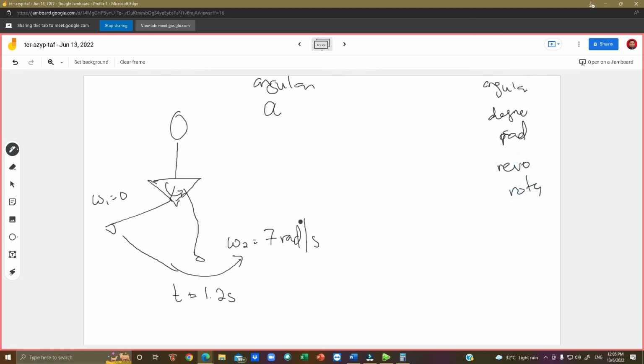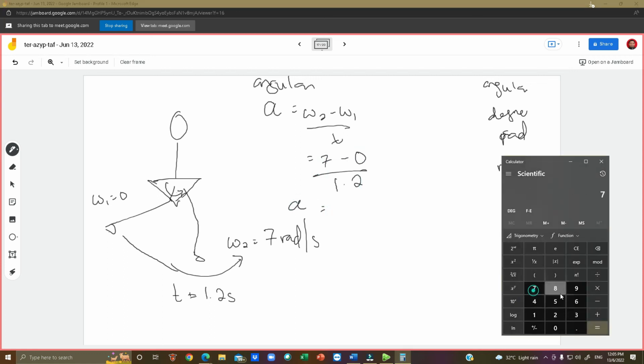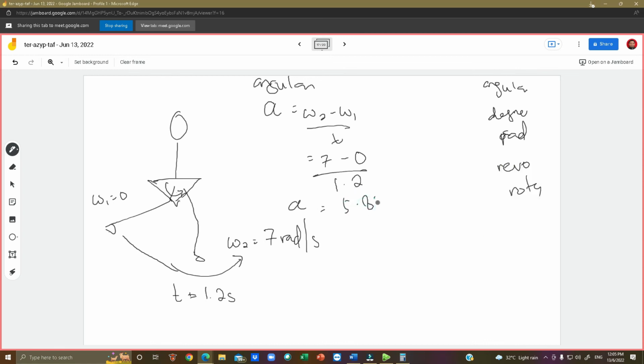So kalau dia bagi radian, pakai saja. So it will become omega 2 minus omega 1 over time. Omega 2 is 7, omega 1 is 0, time is 1.2. So alpha value equals to 7 over 1.2 second, and the value is 5.833 radian per second square.